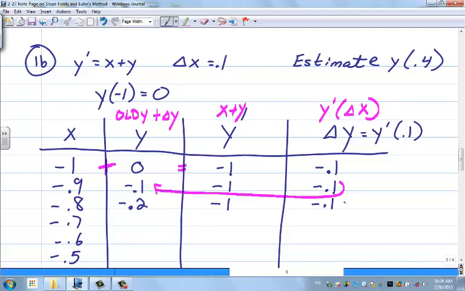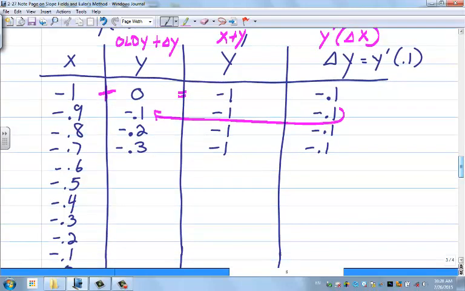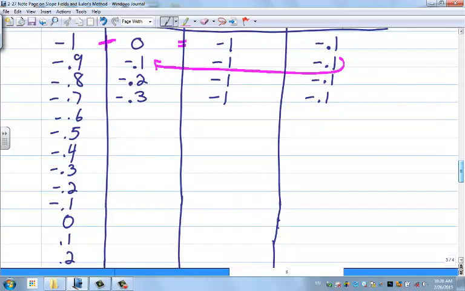We take that -0.1, we add it to -0.2, and boom, we get -0.3. -0.3 plus -0.7 gives us -1. -1 times 0.1 gives us -0.1, and again it's going to follow. So at this point I'm fairly secure that this is going to happen all the way up to 0.